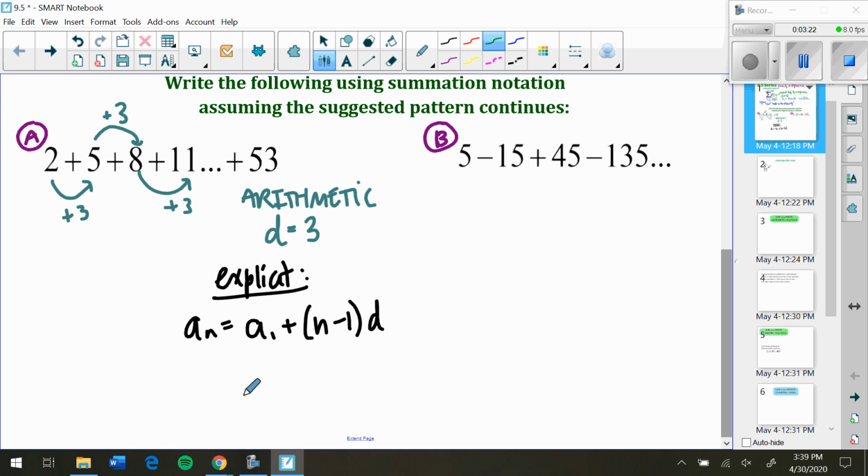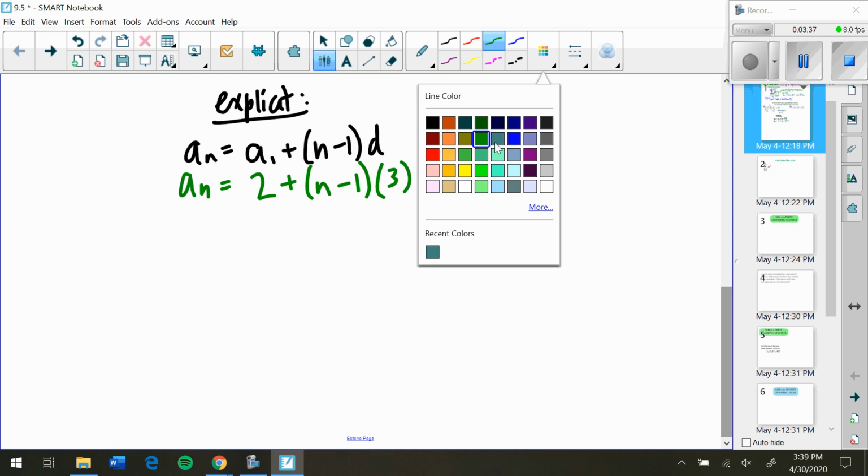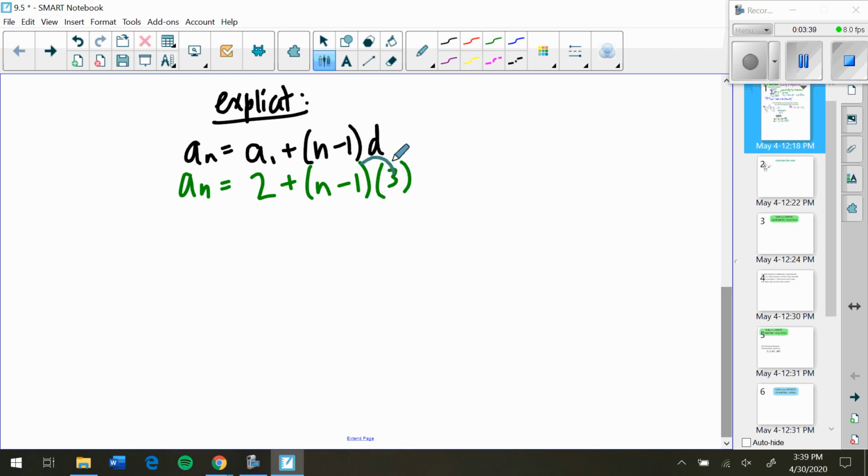All right, for ours, a sub n is our first term, a1 is 2 in this case, plus n is still our variable, minus 1 times our common difference of 3. All right, we can simplify this a little bit. I'm going to distribute the 3. So I get 2 plus 3n minus 3, or 3n minus 1 is our explicit sequence.